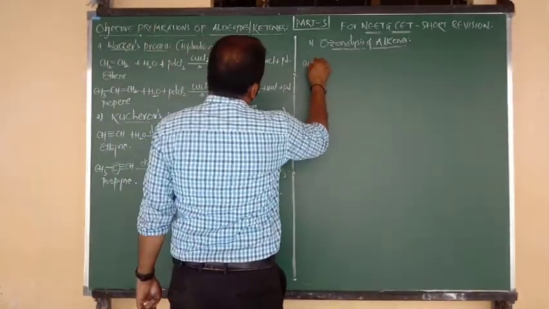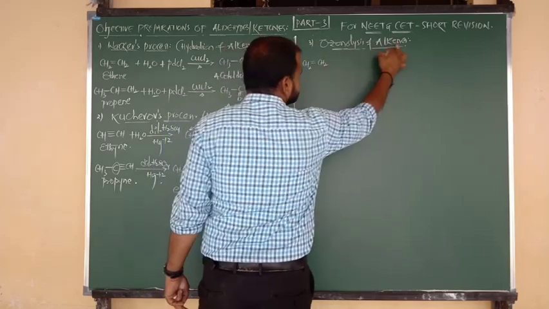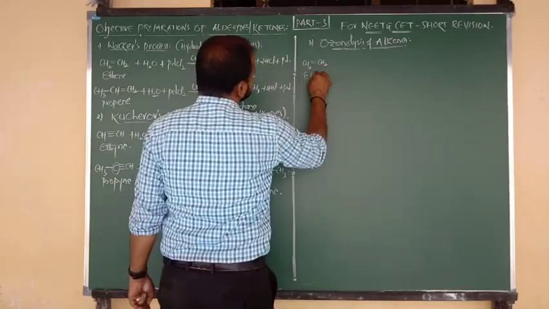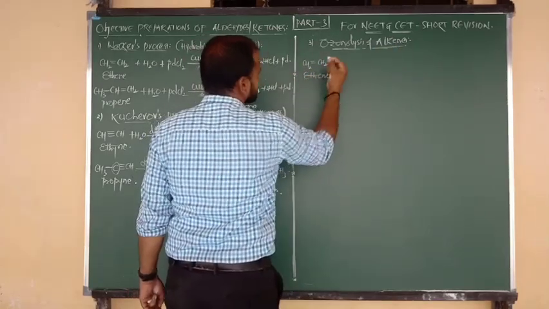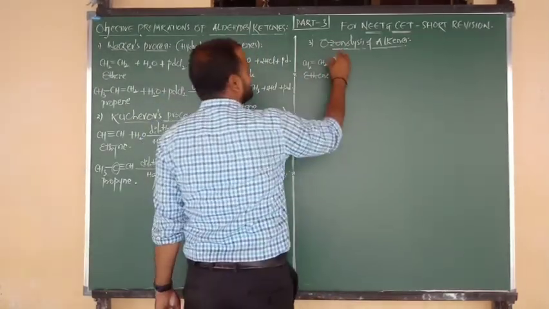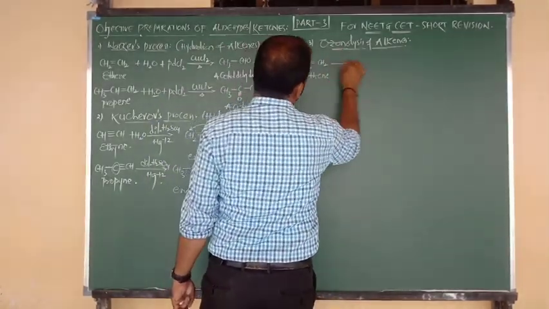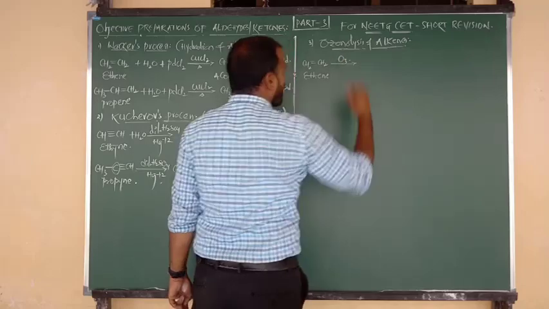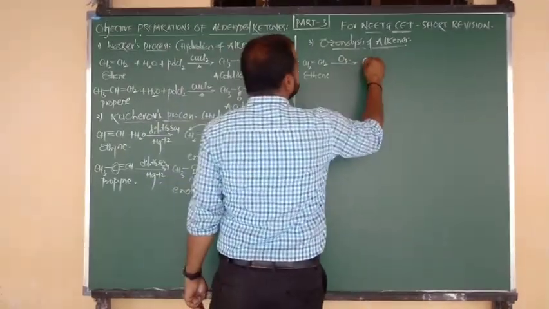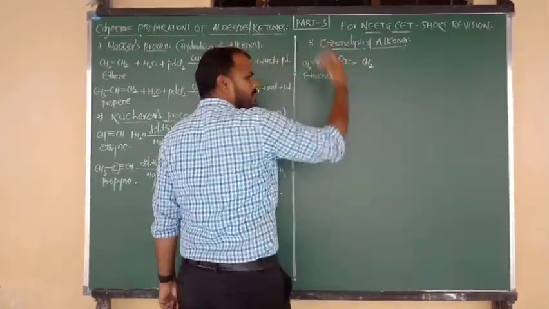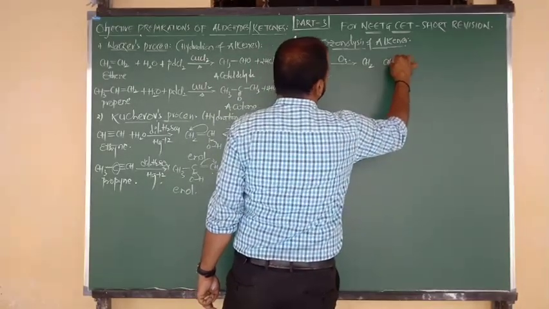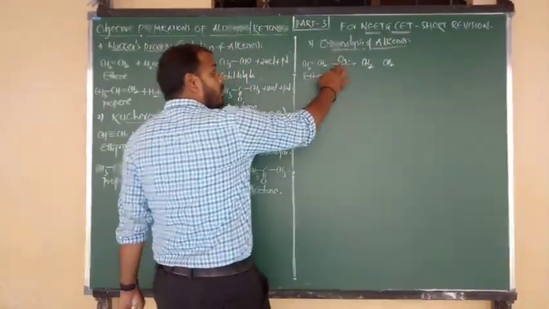CH2 double bond CH2. This is an example of an alkene, or we can say the compound name is nothing but ethene. Ethene undergoes reaction with ozone, upon reaction with O3. So how to write the product? The CH2 double bond completely disappears.